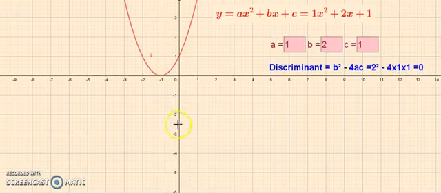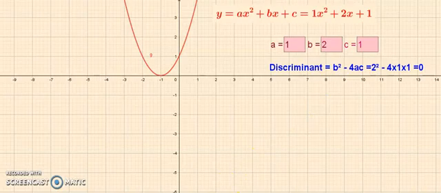Now observe, children, the value of the discriminant here in this case is 0. So what is the change we observe here? The curve touches the x-axis at one point. You can just see here, it won't intersect, but it touches, it just has one point in common with the x-axis. So let us take a few more cases.